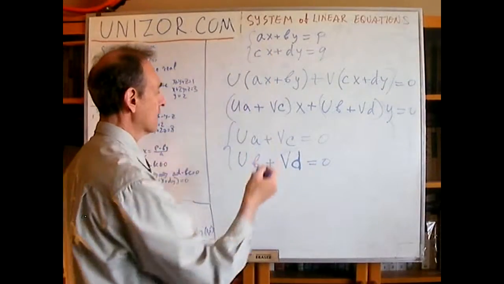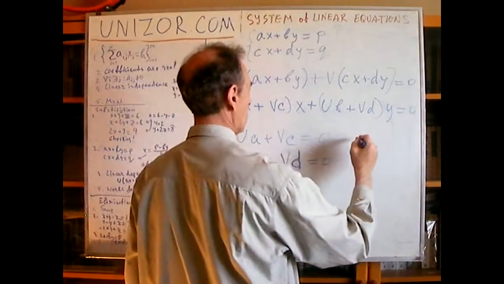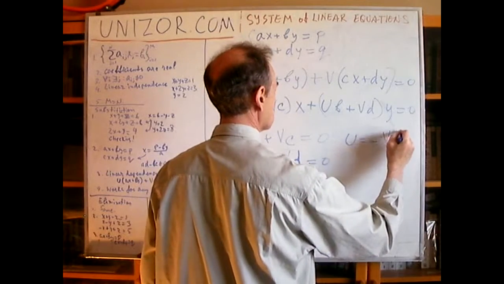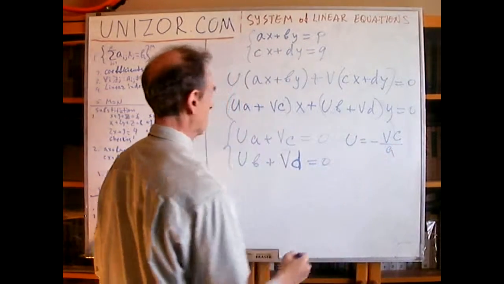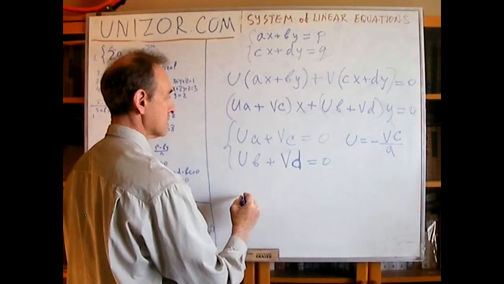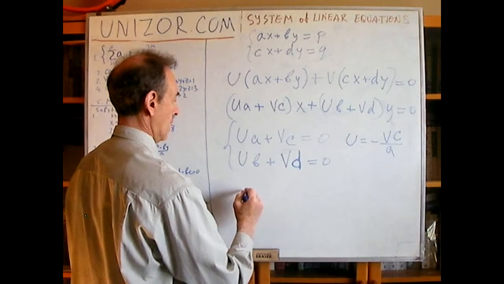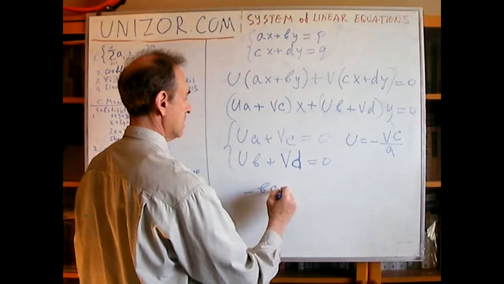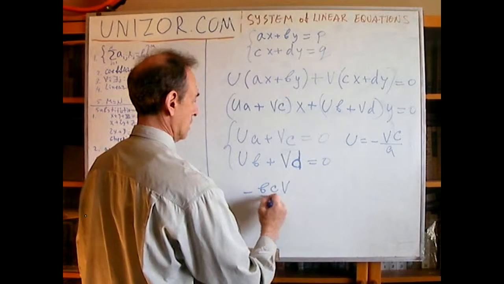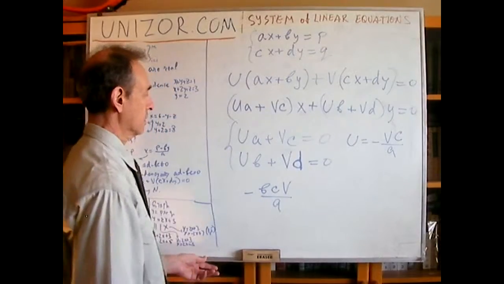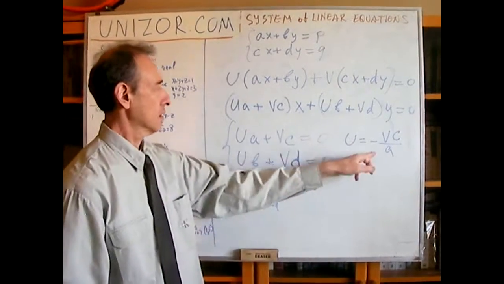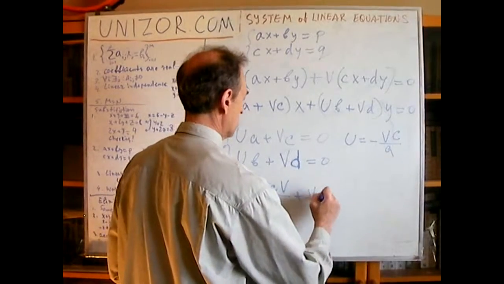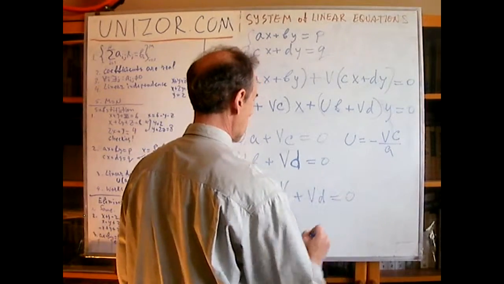We assume in the beginning that a is not equal to 0, so u is equal to minus vc divided by a. Substitute to this, and we will have minus bcv divided by a, plus vd, equal to 0.